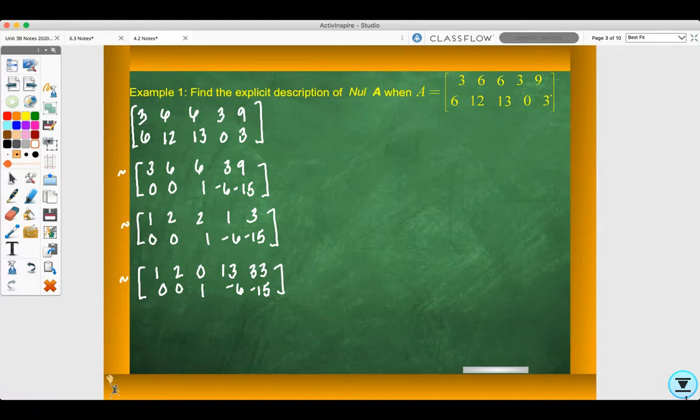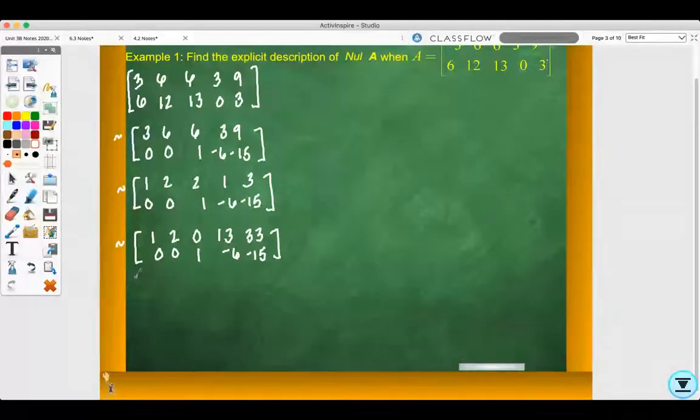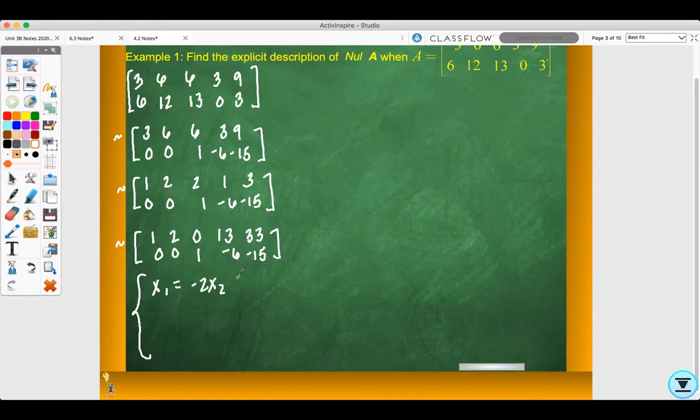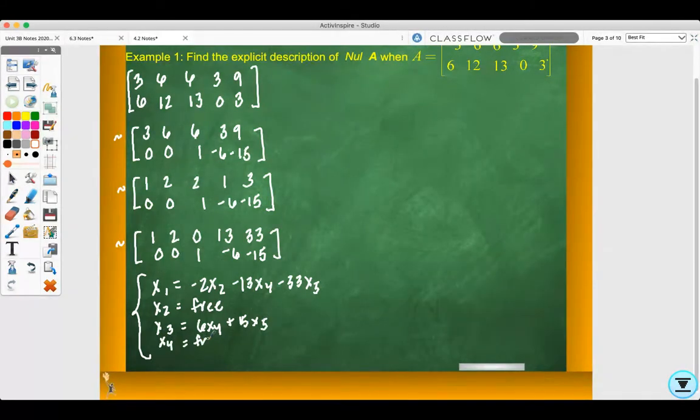So my system of equations would be x1 equals negative 2x2 minus 13x4 minus 33x5. x2 is a free variable. x3 would equal 6x4 plus 15x5. x4 is free, and x5 is free.